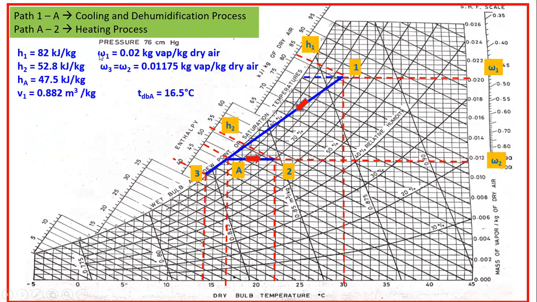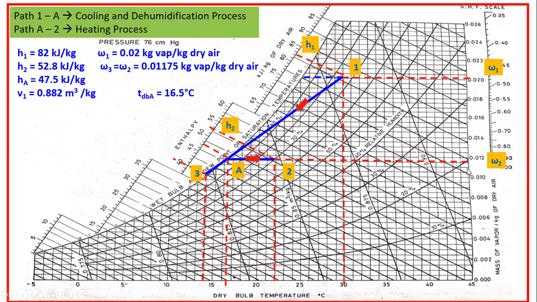So H1 value is 82, omega value is 0.02. Similarly, at point 2, note down the H2 value. H2 value is 52.8, and the omega value is between 0.01 and 0.02.